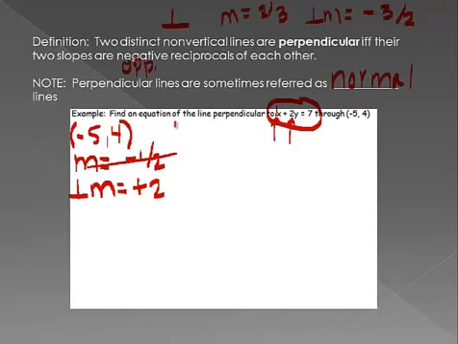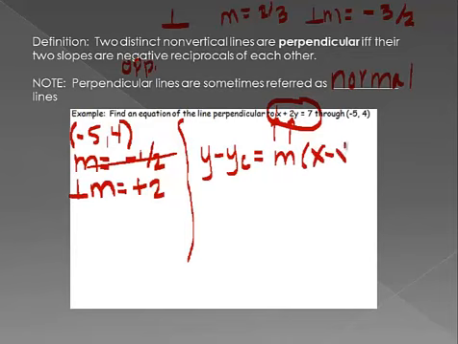All right, let's go through and do the work now. So again, I'm going to do my equation that I like to do. Again, use yours if you want to use the other one. Y minus the y coordinate of my point is 4. My slope I'm supposed to use is 2. X minus the x coordinate of that point is a negative 5. So I'm going to make that a positive.